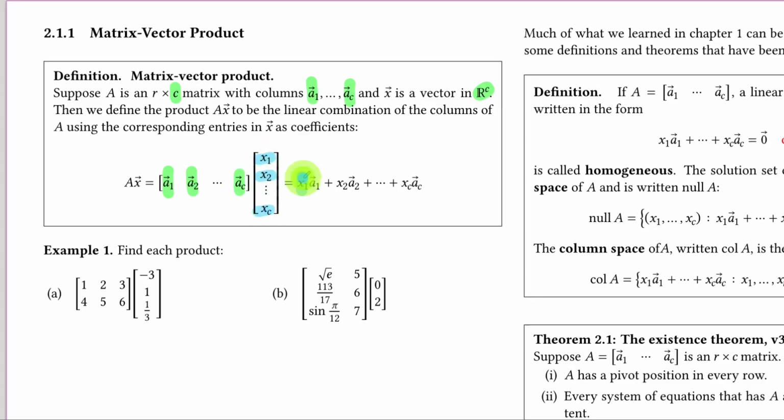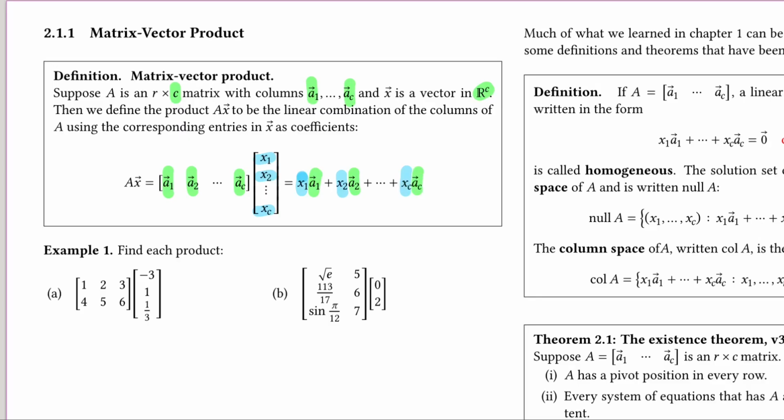So the first entry in X scales the first column of A. The second entry in X scales the second column of A, and so on, up to the entry number C of X scaling column number C of A, and you add them all together.